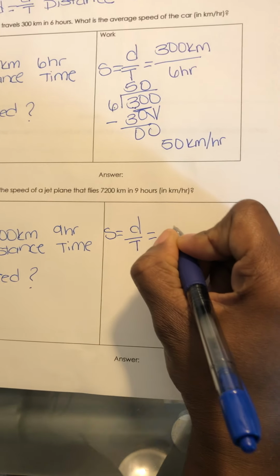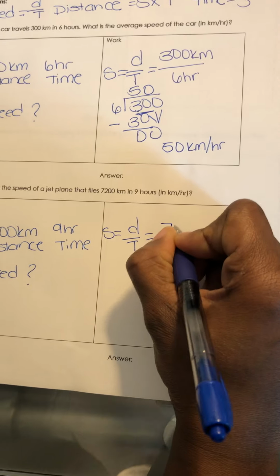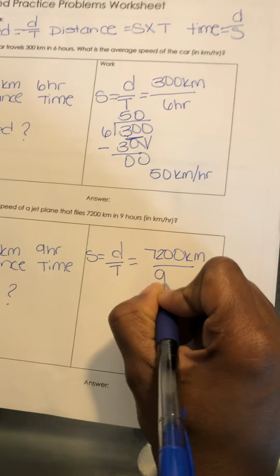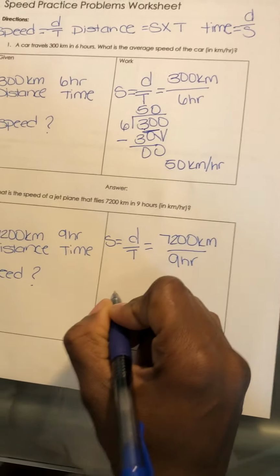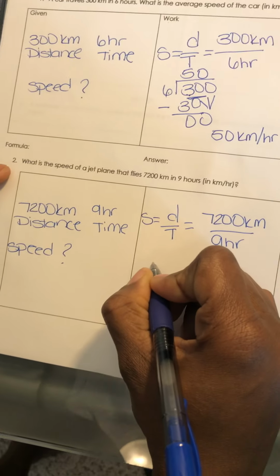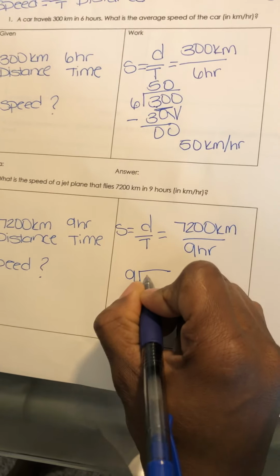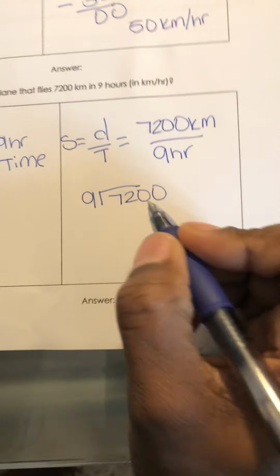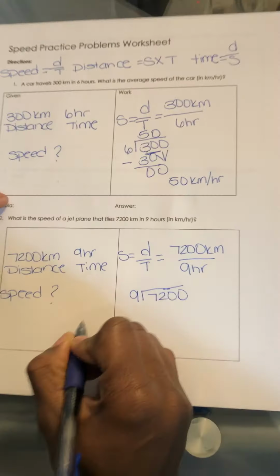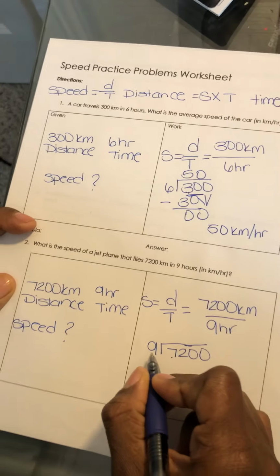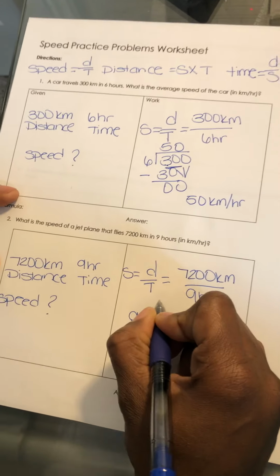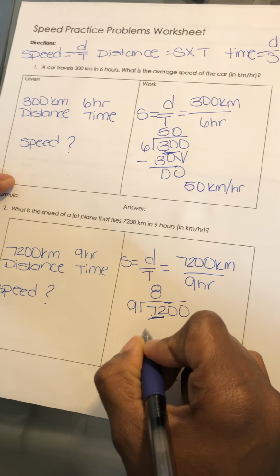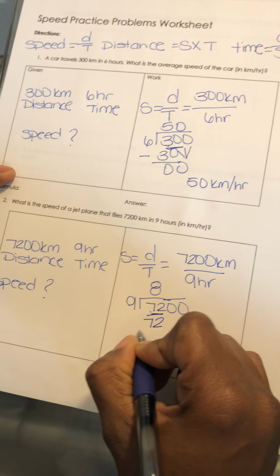Now we're going to plug our numbers in. Our distance is 7,200 kilometers. Our time is 9 hours. We're going to put it in our format. 9 on the outside, 7,200. And like I said, you may do your division a little differently, so do it whatever way works best for you. 9 can't go into 7, but 9 can go into 72. 9 goes into 72 8 times. 8 times 9 is 72.